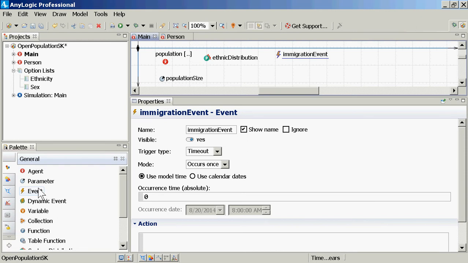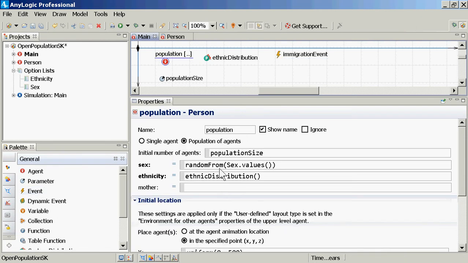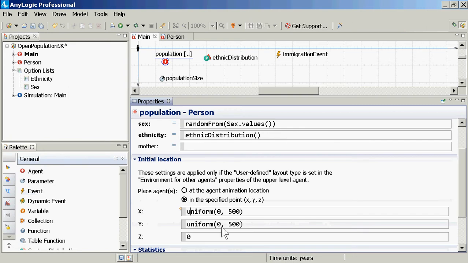Yes, George? But did you say that there was a way to physically distribute people on the grid according to something like ethnicity? Yes. So one of the virtues of using this here to set X and Y locations is we could put on a formula that depends on the person's characteristics.